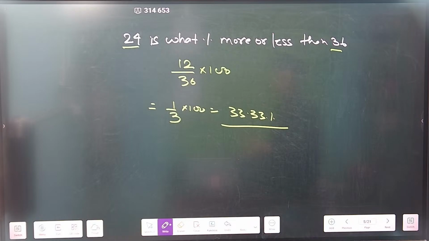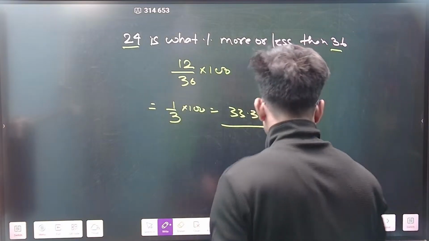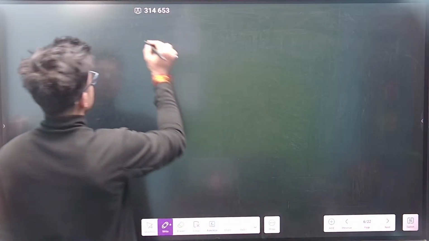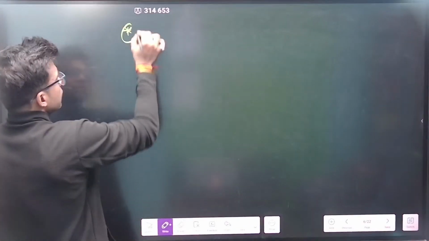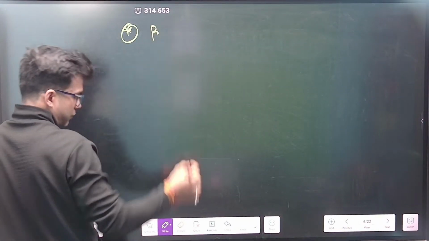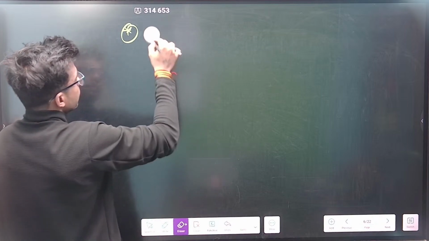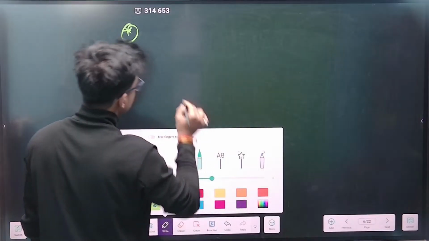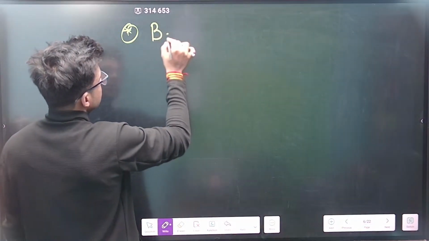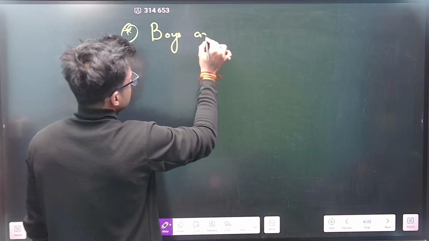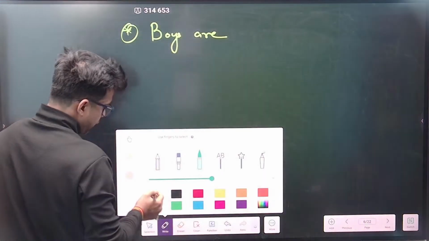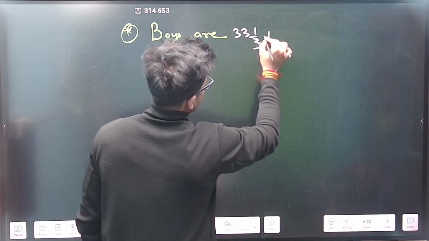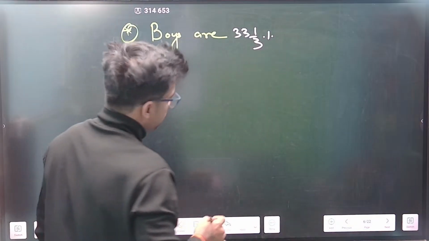Now see, the second kind of question is, suppose boys are 33 1 by 3% more than girls.